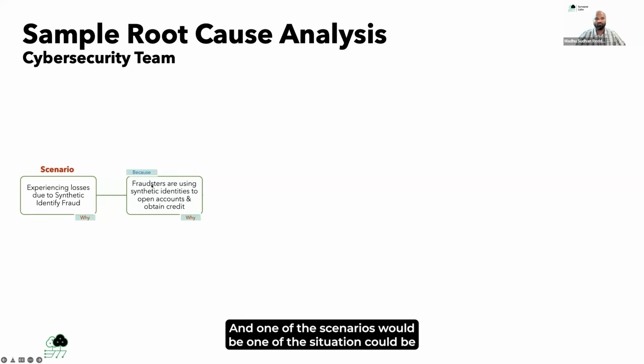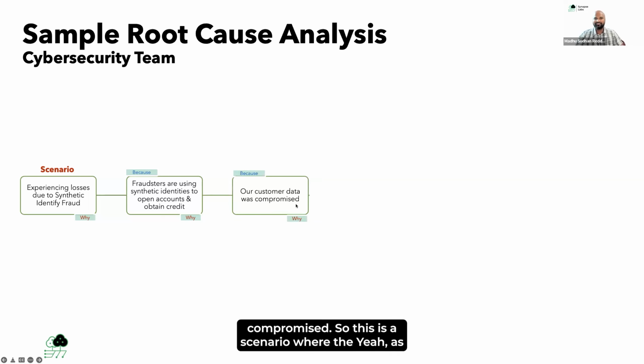One of the situations could be because the fraudsters are using the synthetic identities to open the accounts and use the credit to perform the fraud. Now, why are the fraudsters able to do that? Because our customer data was compromised.